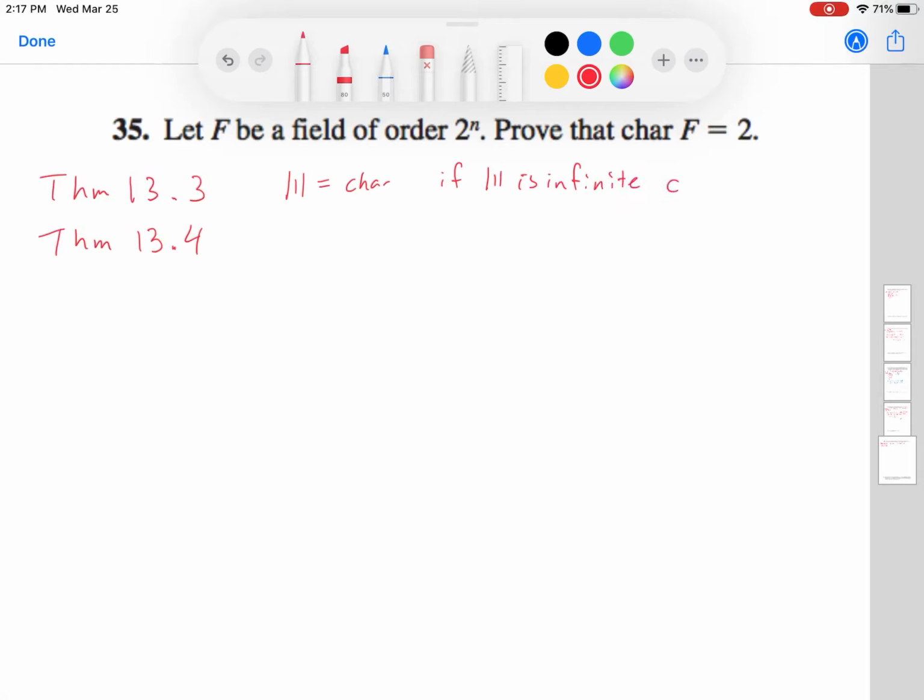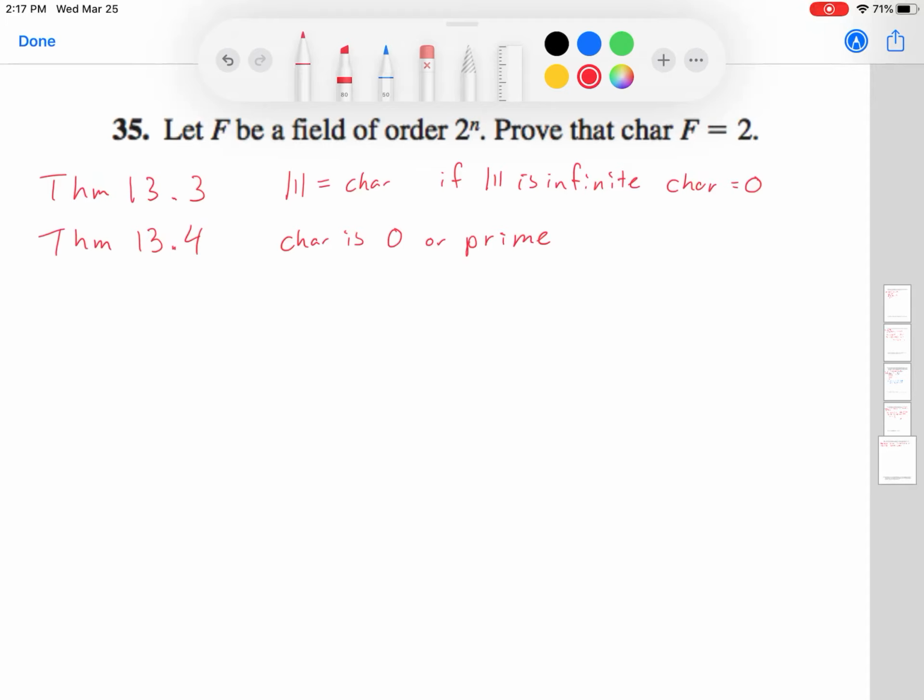If the order of 1 is infinite, then your characteristic equals 0. And 13.4 says that the characteristics for integral domains, and thus for fields, are 0 or prime. Now, when we're talking about the order of 1, we are talking about the additive order of 1 here.